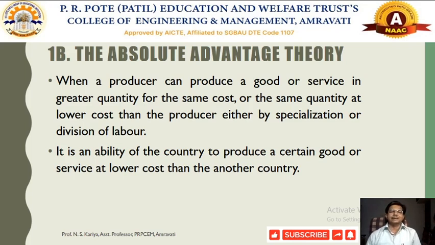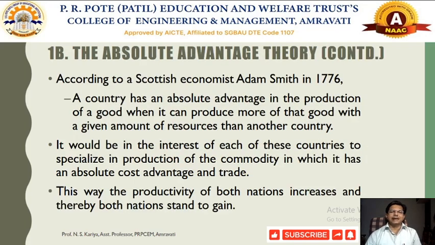This is called the absolute advantage theory. This theory was suggested by the Scottish economist Adam Smith in 1776. We are very much familiar with these theories, as Adam Smith is the father of economics, and he suggested this theory.